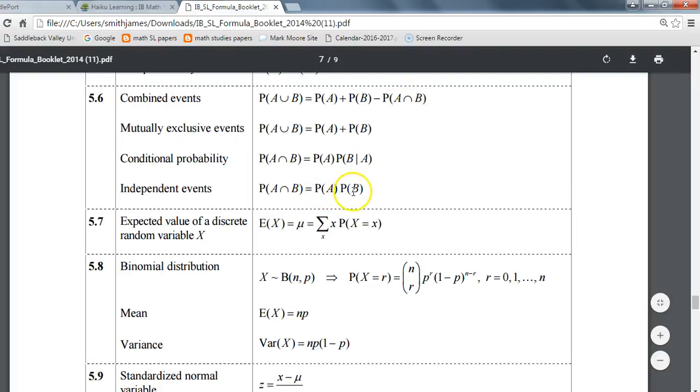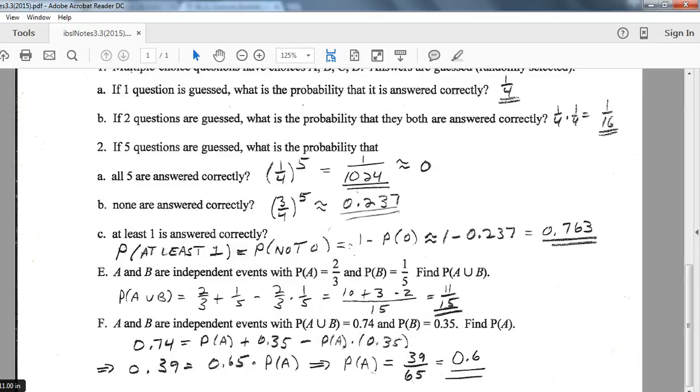So I need to do A times B to get this number and then answer the question. So that's what you're seeing in the math. We have A, we have B, and now we're going to subtract A and B, which we just multiply because they were independent events, and that's where we're coming up with this answer.